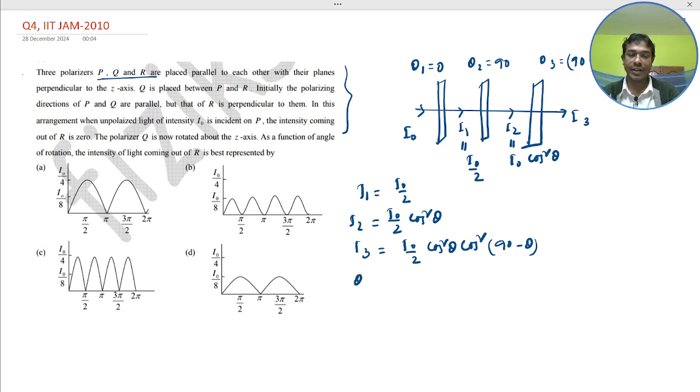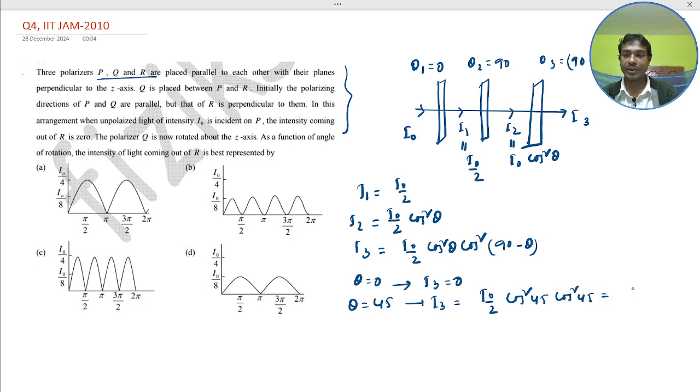So for theta equal to 0, I3 is 0. For theta given 45, just calculate I3 would become I0 by 2 cos square 45 cos square 45, that means the I0 by 8. For theta 90 minus theta, this would become the 45.